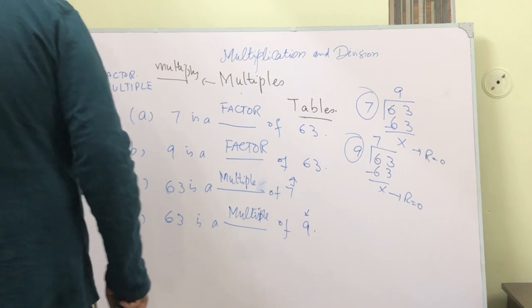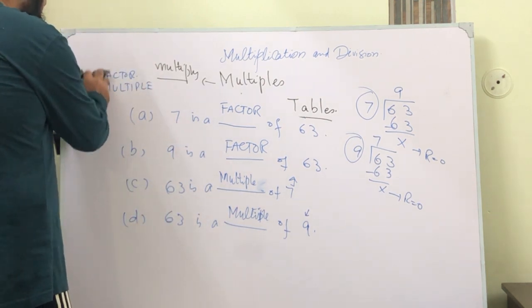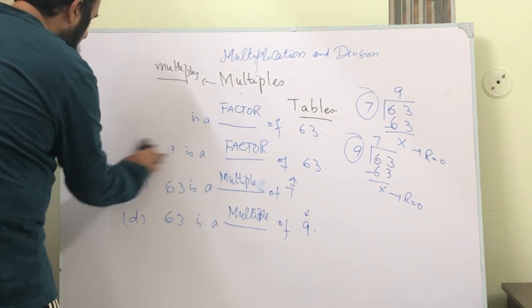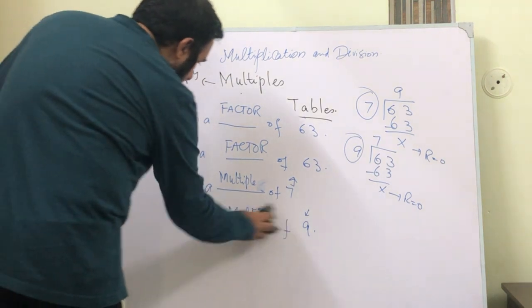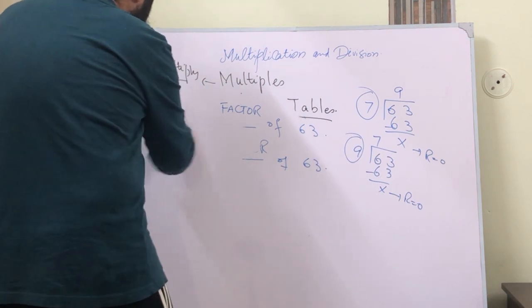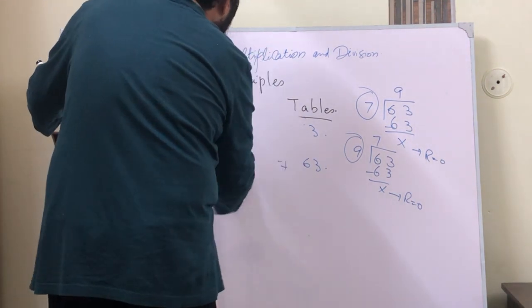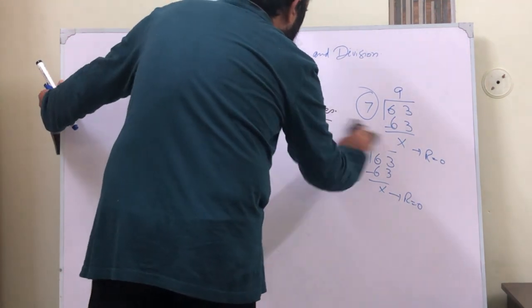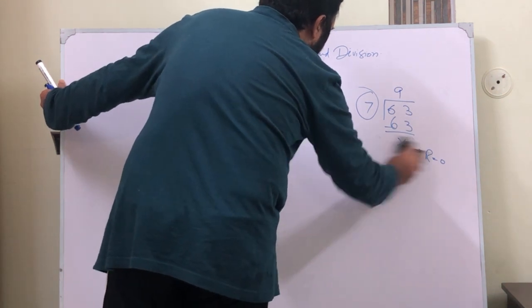Now we will be talking about question number 7. We see what is there for us to learn further. We are learning multiples and factors.